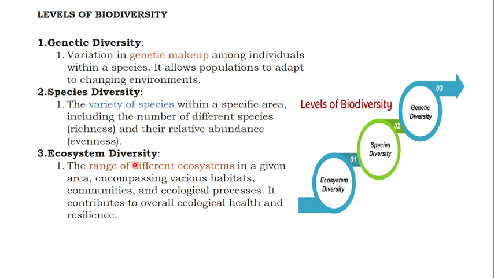This variety of ecosystems means how many ecosystems are there: land, terrestrial, or other places where organisms can live. So I hope you are able to list out and explain. It means a variety of ecosystems in our environment, a variety of species in our environment. Diversity means variety, a variety of genetic makeup you have in the environment.